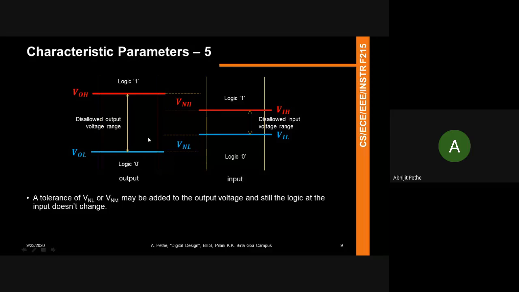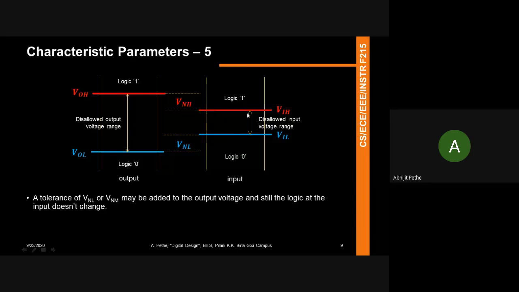Exactly. So normally when you design a digital logic family, you will obviously design something such that the input range is smaller than the output range. That way you always get a noise margin. Now the problem you have to keep in mind is you don't want this range to become too narrow, because then you don't have a clear separation between 0 and 1.